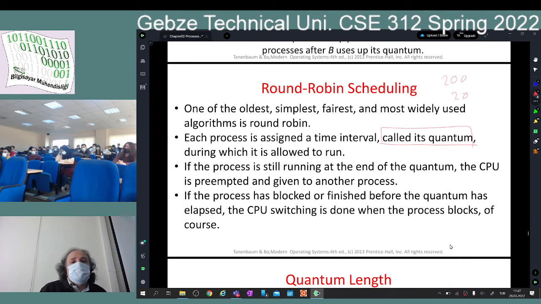But the plus part of the short quantum time is that for interactive processes this is good, right? Let's say I am running 10 interactive processes at the same time on this computer. If I keep quantum time long, to get away from the context switching penalties, like an unrealistic 1 second, the whole second I am waiting for the CPU to become available.